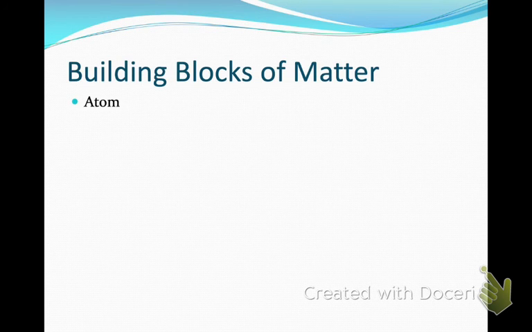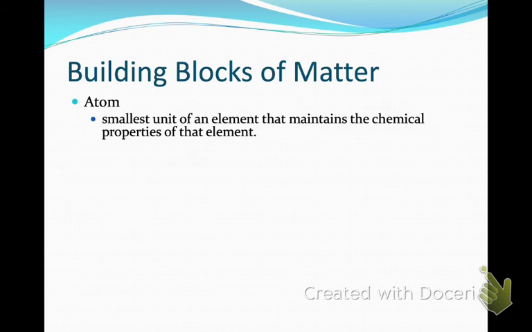So we're going to start with, let's review the difference here between atoms, elements, and compounds. Atoms is what we spent the last week or so studying. Atoms are the smallest part of an element that maintains all of the chemical properties of that element. So remember, an atom has to have a certain arrangement of protons, neutrons, and electrons, and that arrangement of those subatomic particles makes the atom behave the way that it does, right?